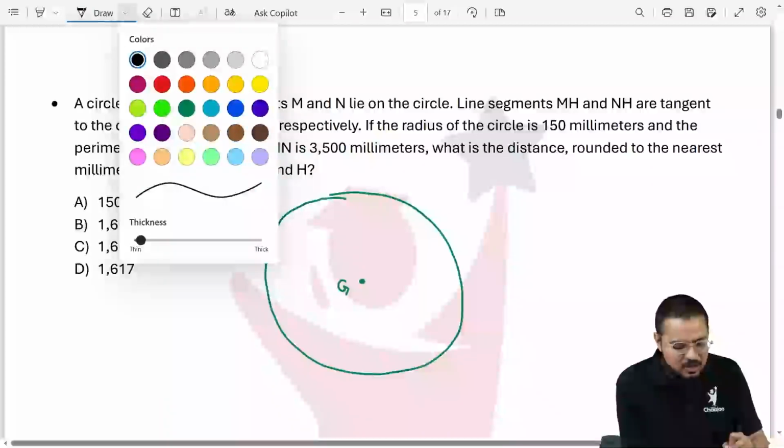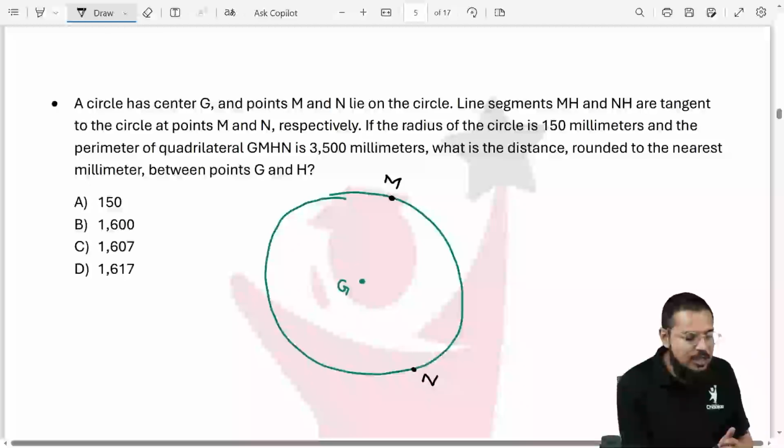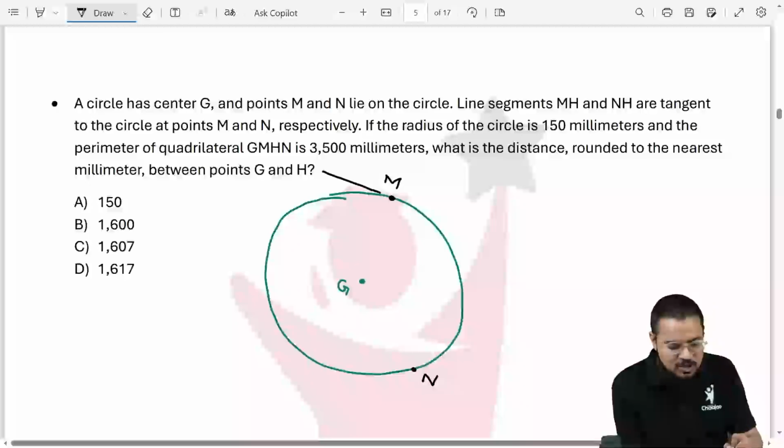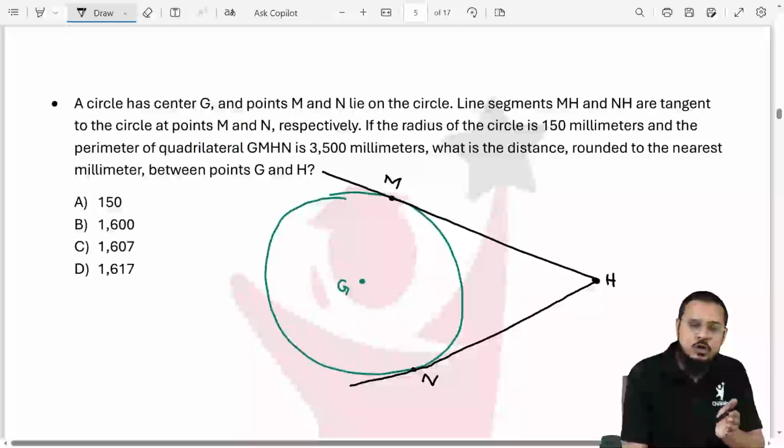So let's say this is point M, and this is point N right over here, and line segments MH and NH are tangent to the circle at the points M and N. For example, the first tangent looks somewhat like this, and the second tangent looks somewhat like this. And these are basically intersecting at the point H.